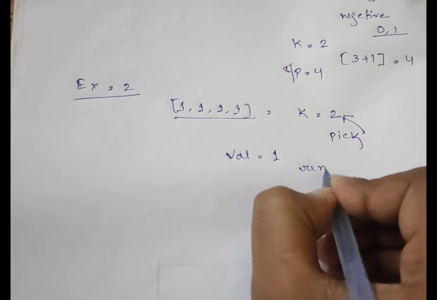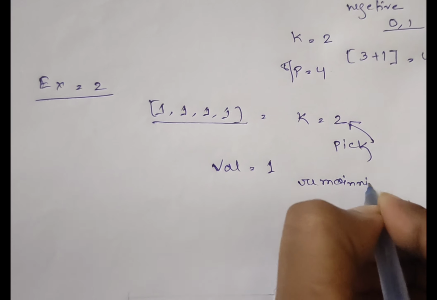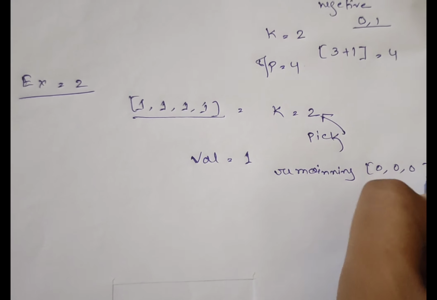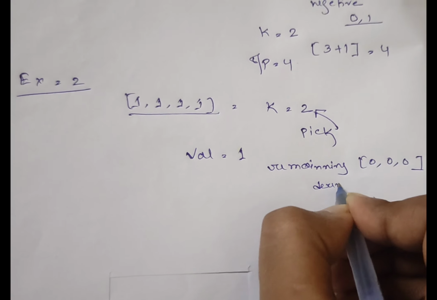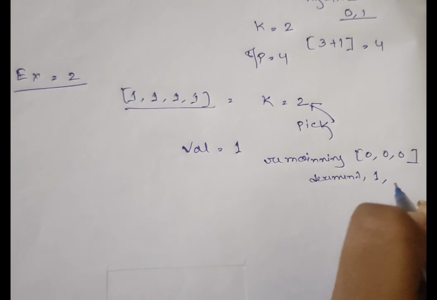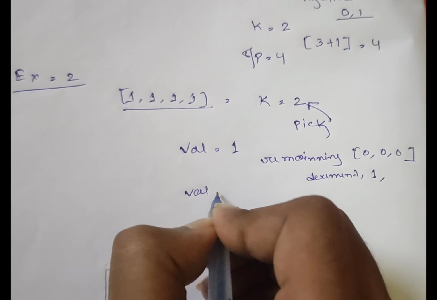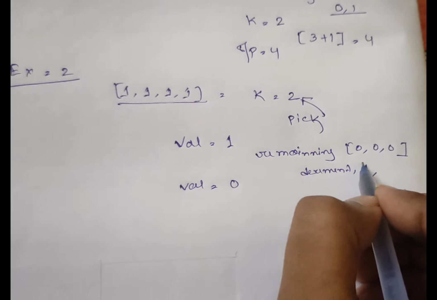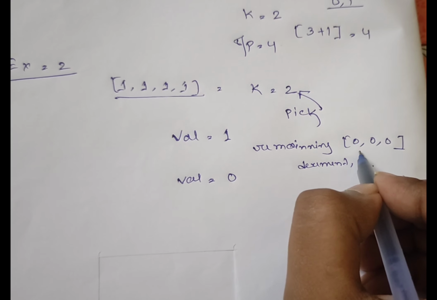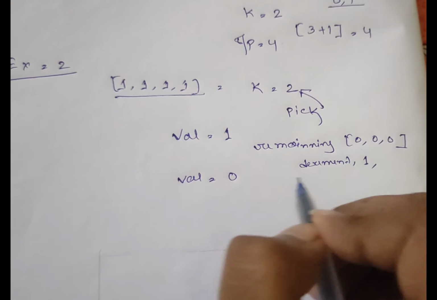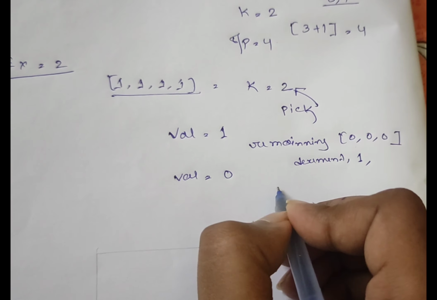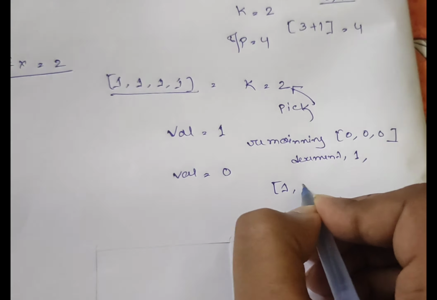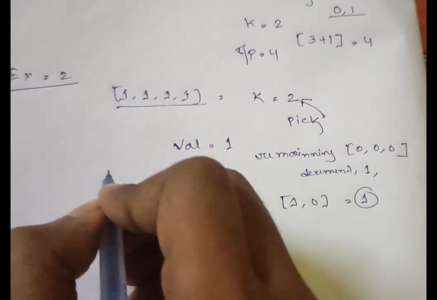The remaining become 0, 0, 0 because they are decremented by 1. In the second time we pick the value 0, and it is not decremented further, because if it were decremented it would become negative. So k equals 2, we pick our two elements, 1 and 0, so the output is 1.